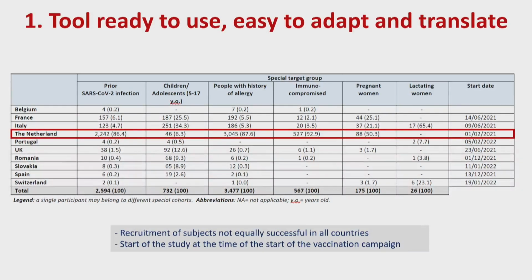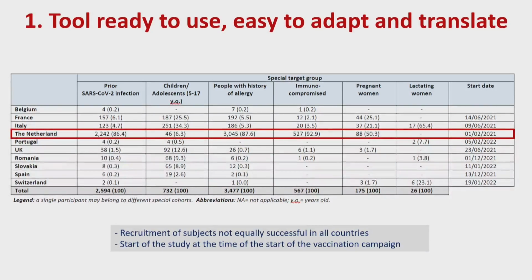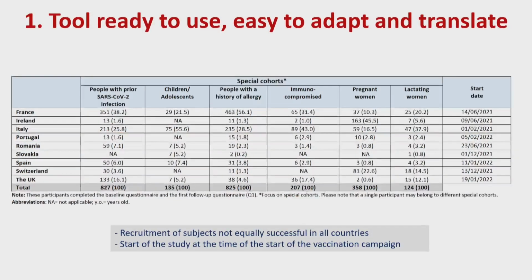So maybe for this cohort, but also for children, it might be useful to involve specific networks like pediatricians or gynecologists to ensure a greater involvement of these vaccinees.